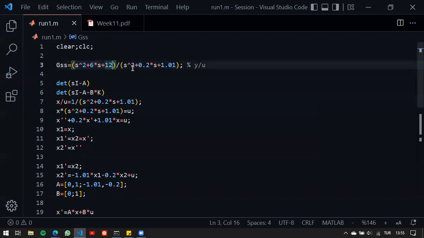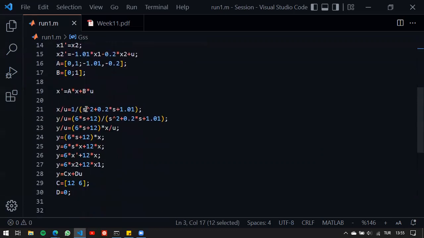Because, first of all, my first step would be to use this. So I will have basically the same A and B matrices for this transfer function. But another additional step would be to use this here, s squared plus 6s plus 12. Now, if I have it here, so let me just use that.